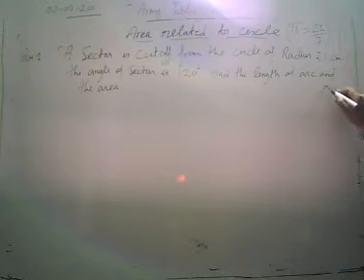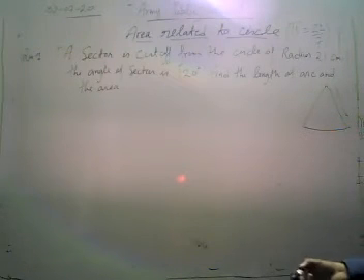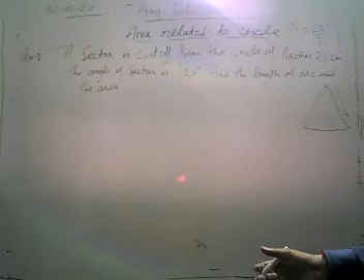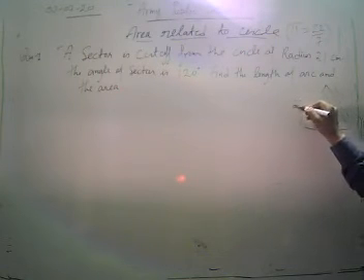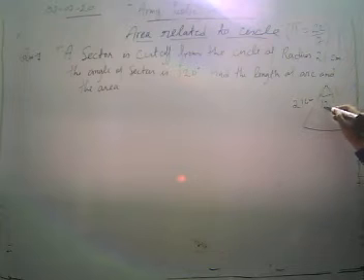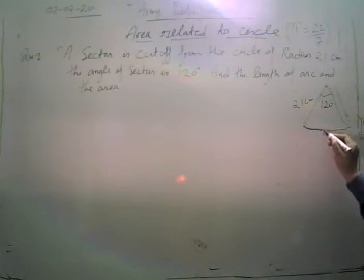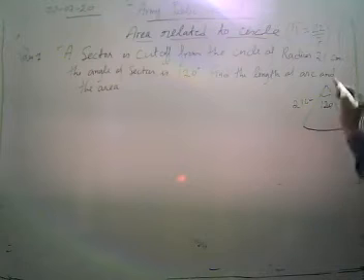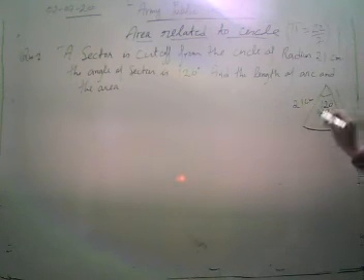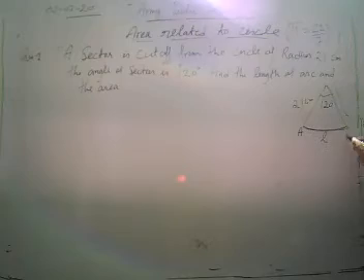That means we have a sector here. R is given as 21 centimeter, and the angle of the sector is 120 degree. Then we have to find the length of the arc, and the area means we have to find the area of the sector. So suppose our arc length is l.